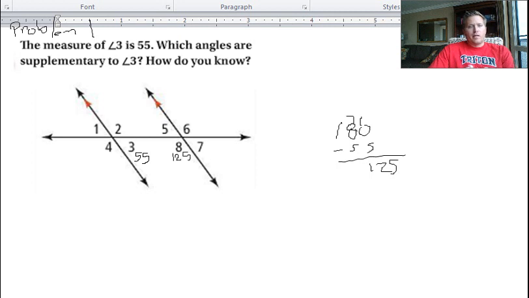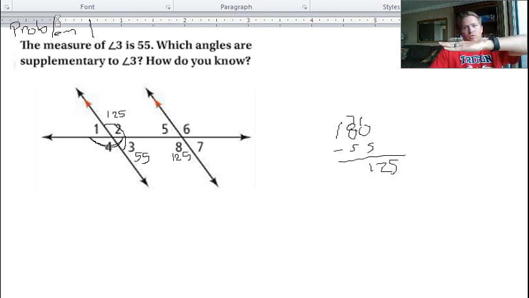Okay. Now I'm trying to see are there any other angles that are supplementary with it. Well, if I'm looking here, 2 and 3 make a linear pair. Linear pairs also add up to 180 degrees, so this has to also be 125. And if I'm looking at this, 4 and 3 also make a linear pair.